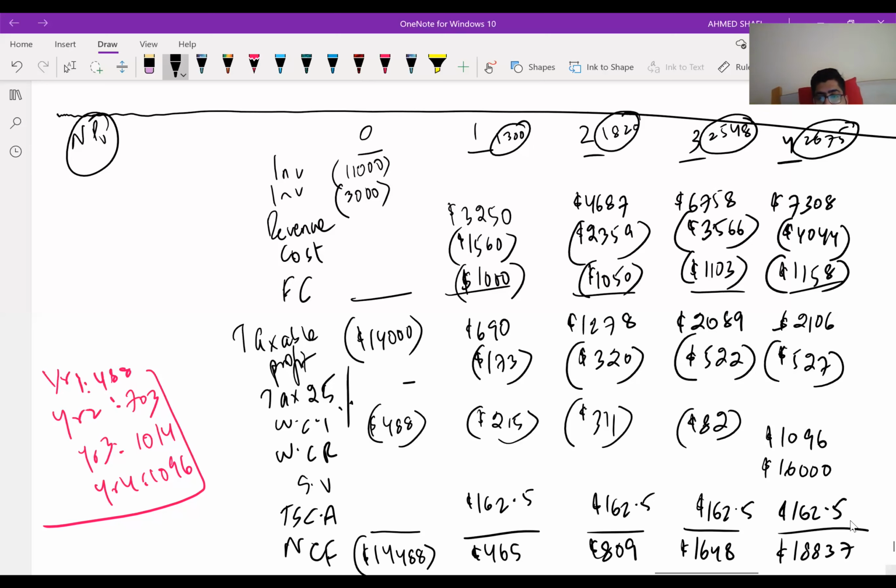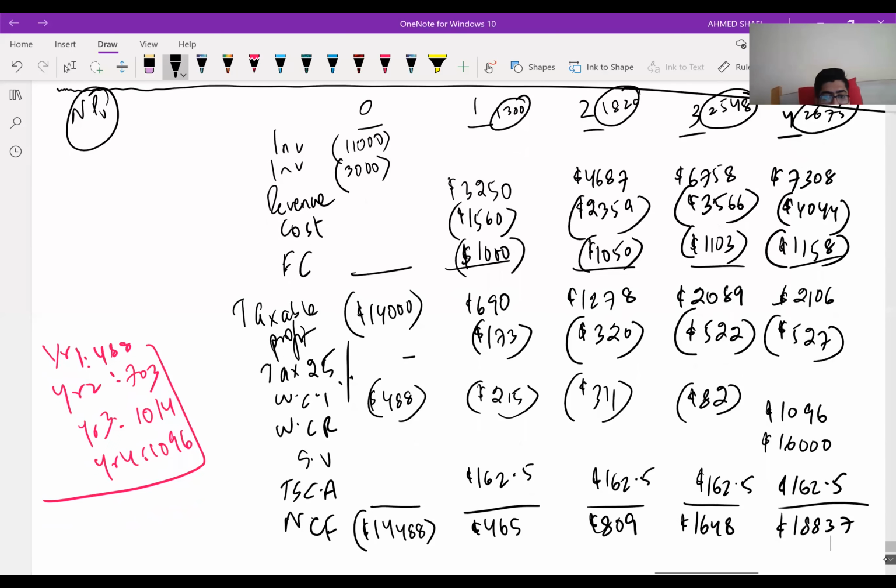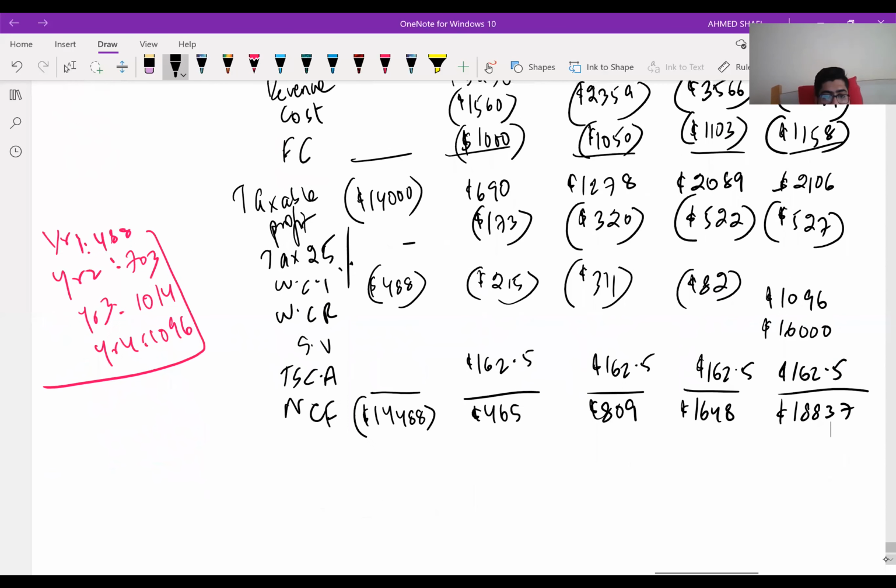Once you get net cash flows, you need to multiply them with the discount factor, but in APV the discount factor is KE, and you get present value. And the net of all present values will be the NPV or base case NPV.